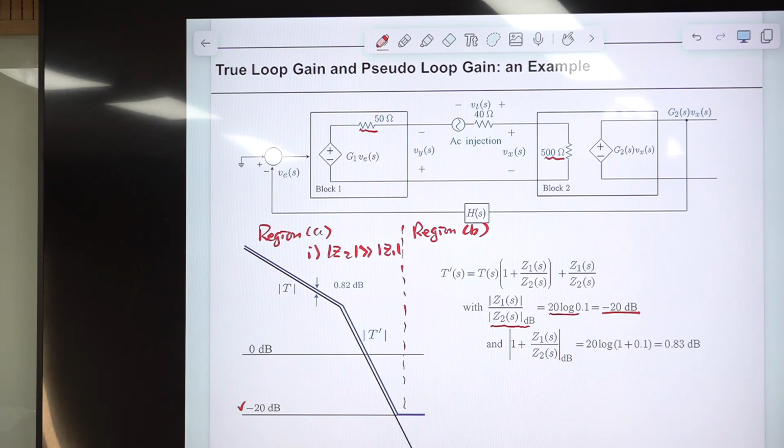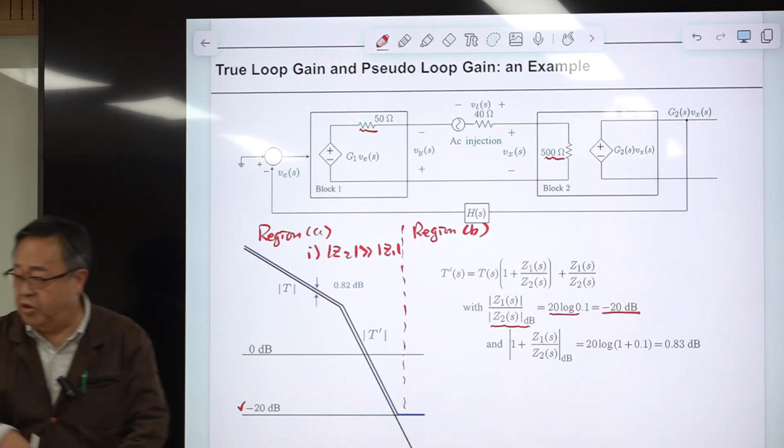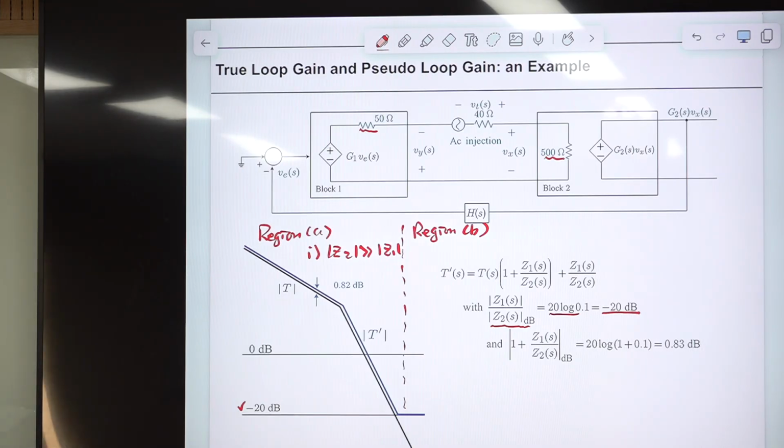We ignore this, and the remaining part is, this is ignored by equation 1. Then the remaining part is T prime, which is the pseudo loop gain, equals T, which is the true loop gain, plus G1 divided by G2. This is our first approximation.